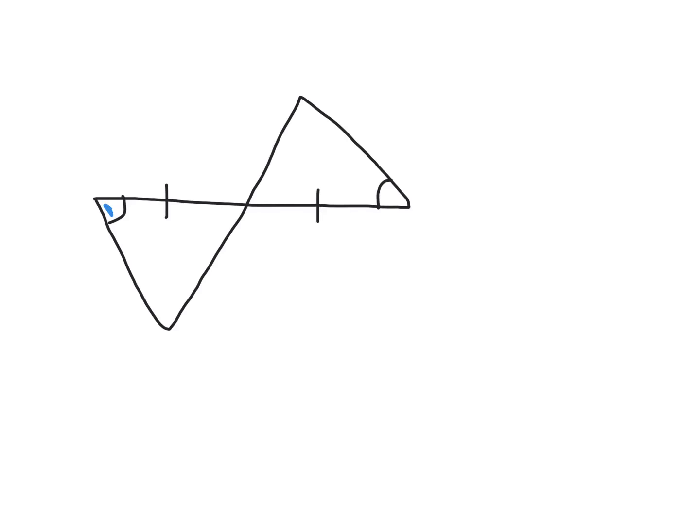So far I see that I have this angle that is congruent to this other angle, and I know that because we see the arcs. They each have one arc. And then we have the side right here that is congruent to this other side. So what I would do here is look at this angle.